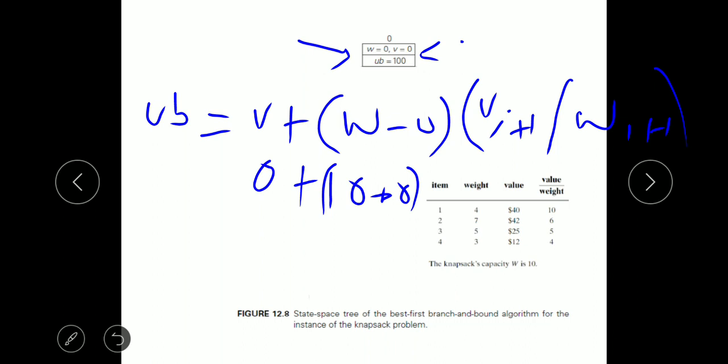So 10 minus 0 is 10 itself, and the payoff weight of the first element here is 10. So it is a product of 10 into 10. Therefore, the upper bound is equal to 100. So you can see in the node the initial upper bound is set as 100.